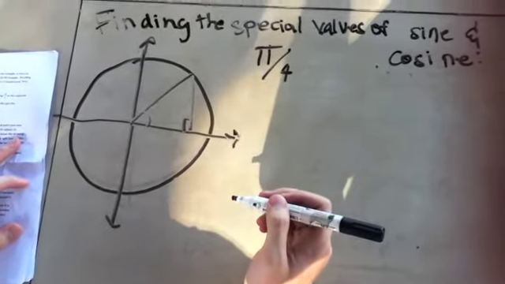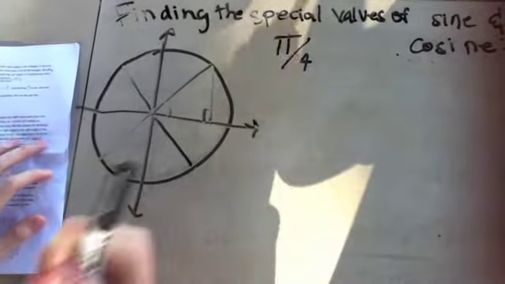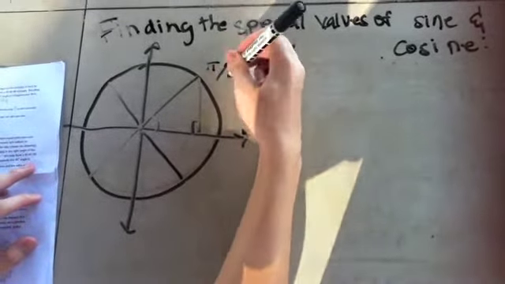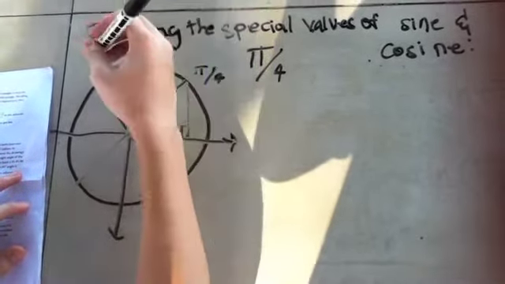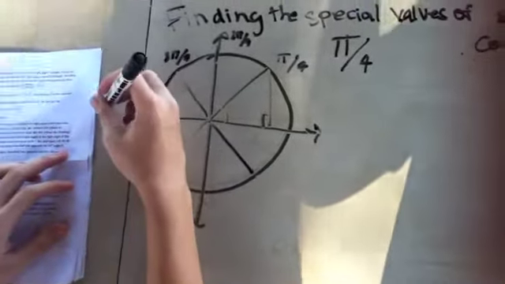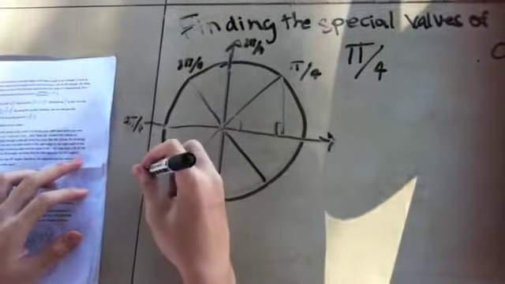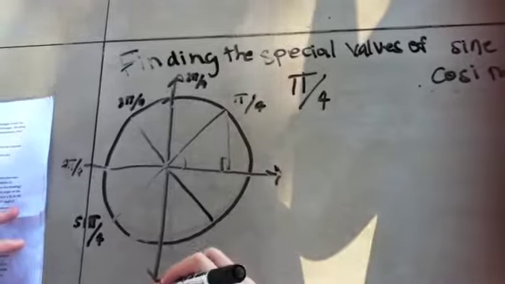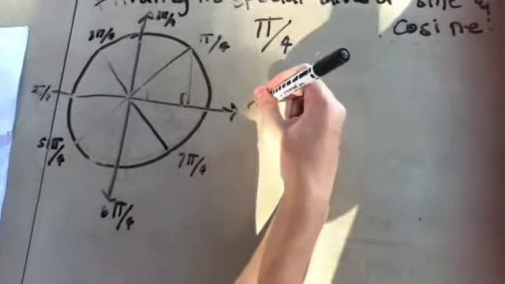First, pi over 4 radians is simply the whole circle divided into 8 different parts, where the points are pi over 4, 2 pi over 4, 3 pi over 4, 4 pi over 4, 5 pi over 4, 6 pi over 4, and 7 pi over 4, and lastly 8 pi over 4.